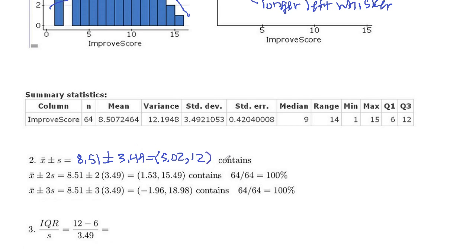And then if you just go back and count up how many pieces of data are between 5 and 12, it's actually 48. So this actually contains 48 out of the 64 pieces of data, which is 0.75, or 75%.